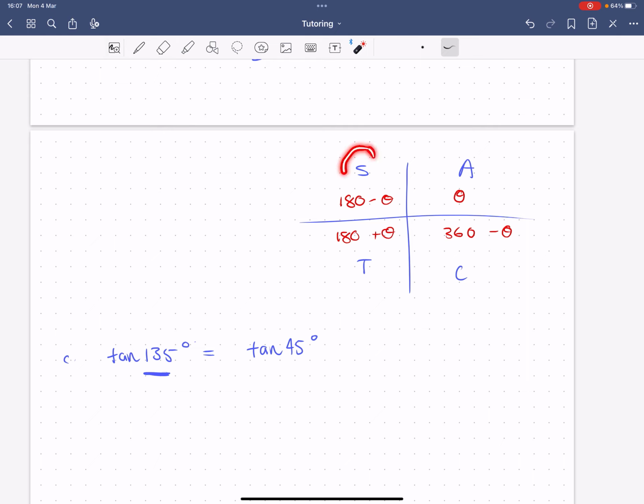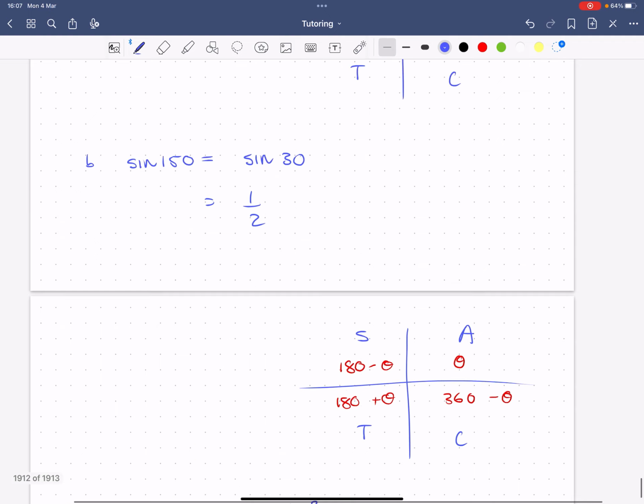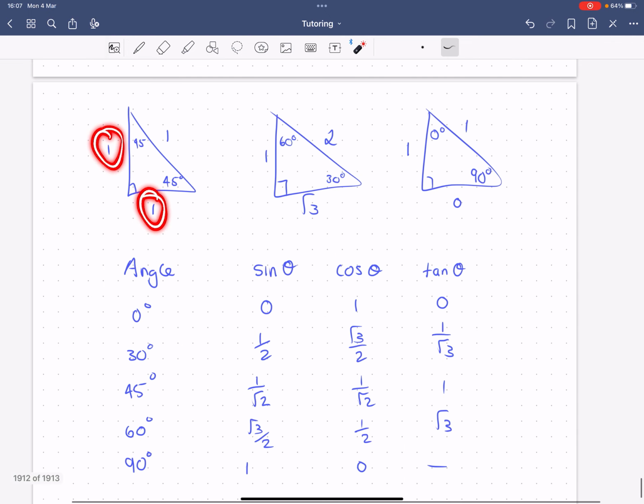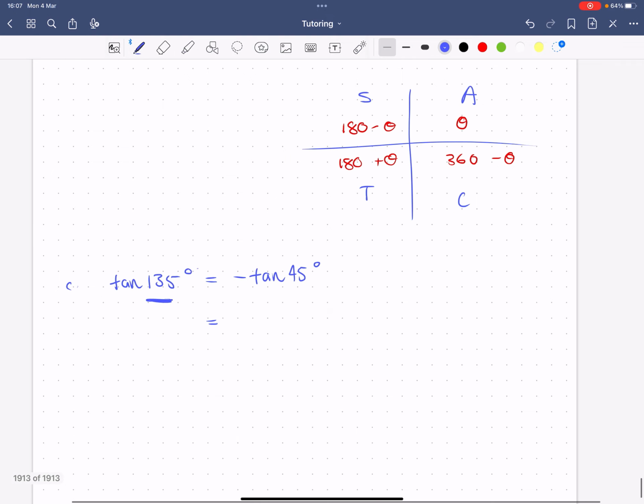It says it here, stations. Only sine is positive. That's telling us tan is negative in the second quadrant. So we're going to put a minus there. Now if we go up to our exact value triangle, tan of 45 is opposite over adjacent, 1 over 1. But we've got a negative out the front, so the answer is minus 1.